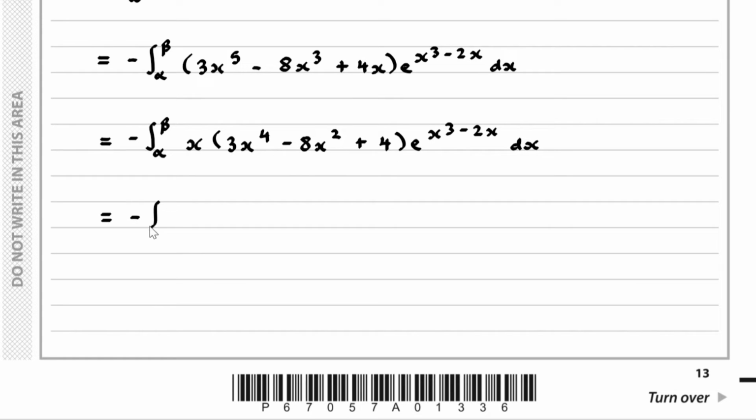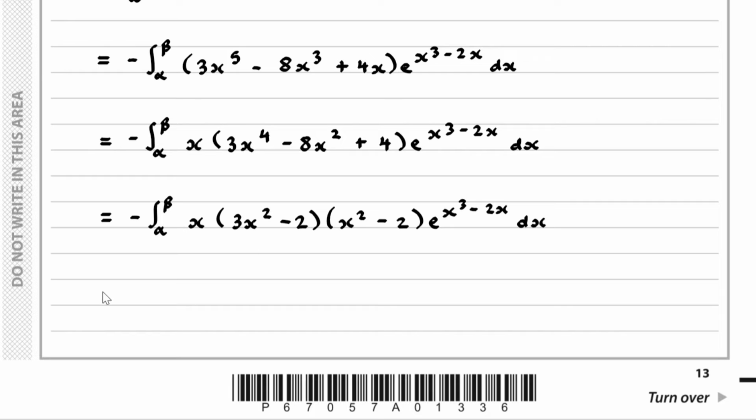So I've got minus this integral, then I've got the x, and then I can rewrite all this as 3x squared minus 2 multiplied by x squared minus 2 e to the x cubed subtract 2x dx.